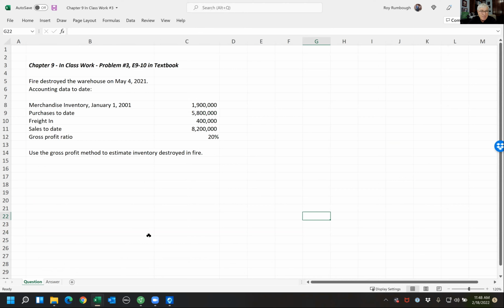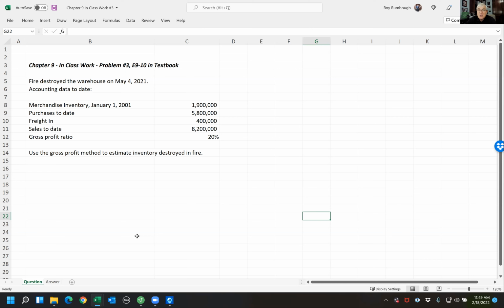Number 3. Okay, so we're switching gears here. Now we're going to go do the gross profit method in our next problem. And so in the gross profit method, we're going to have to estimate the ending inventory. Why would we ever have to do that?